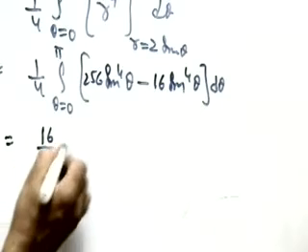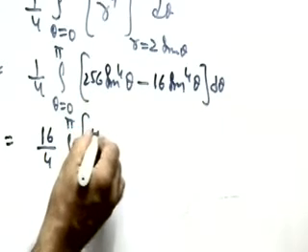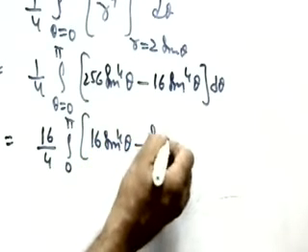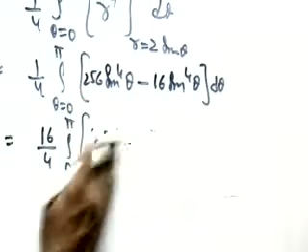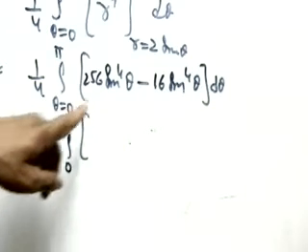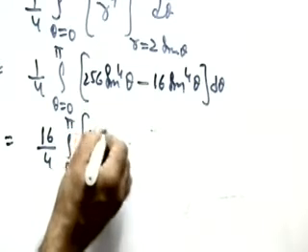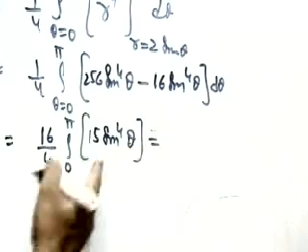If you take 16 common, it will be 16 by 4, integration 0 to pi, and what is left is 16 sine to the power 4 theta minus sine to the power 4 theta, so 16 minus 1, which is 15 sine to the power 4 theta.